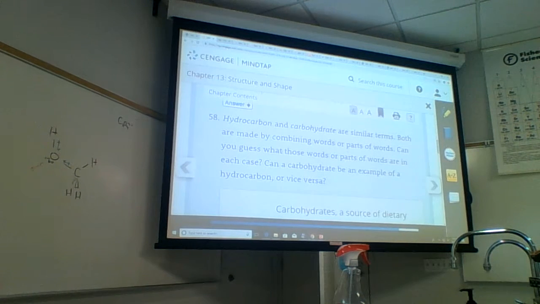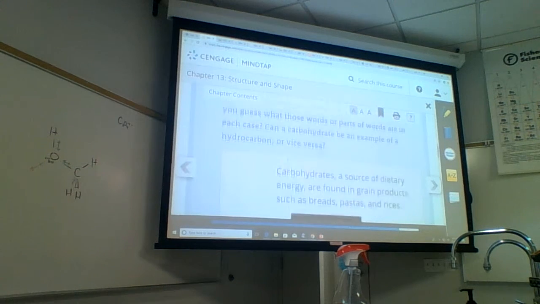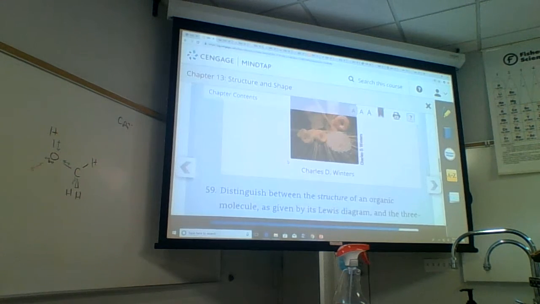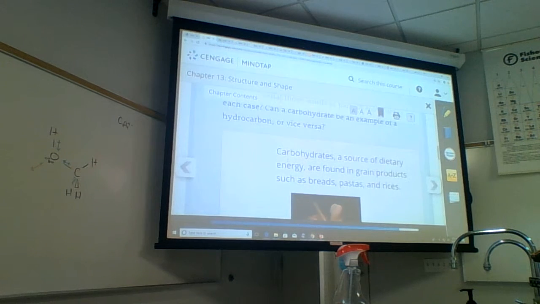Hydrocarbon and carbohydrates are similar terms. Both are made by combining word parts. Carbohydrates are interesting because of the ratio. For example, table sugar. Do you know the formula for table sugar?